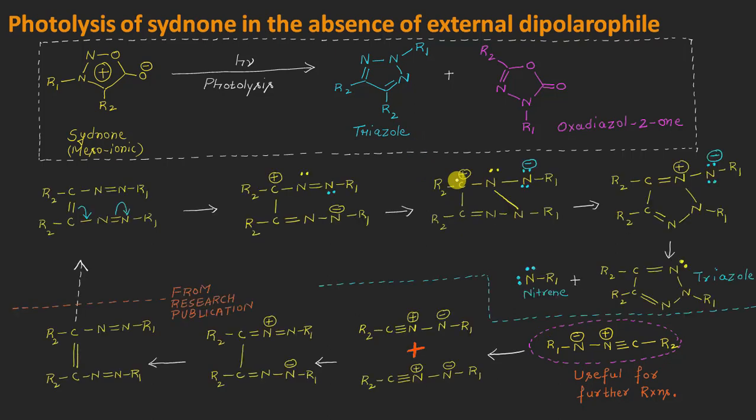So here you can see the mechanism is something like this. As usual, we will be starting from this resonating structure here, which you have seen how we can get from our starting mesoionic reactant Sydnone molecule. And now I have shown here two molecules of the same intermediate, I mean this one.